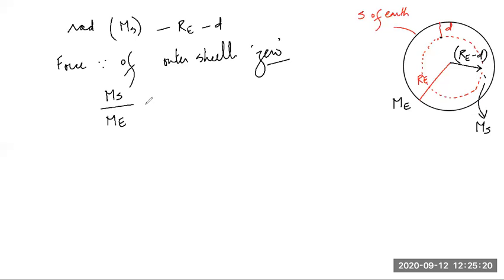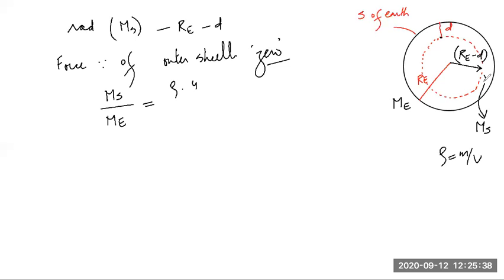How could we do that? So Ms by Me: density is mass by volume, so mass is density times volume. Let's say the density of Earth everywhere is rho.